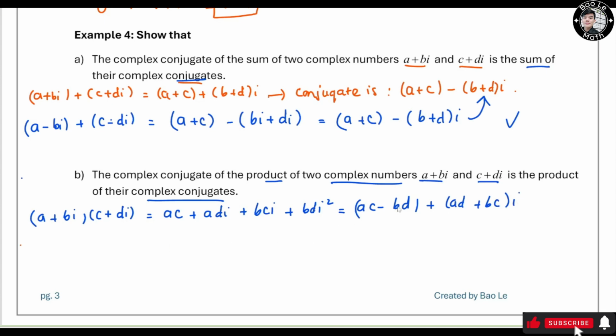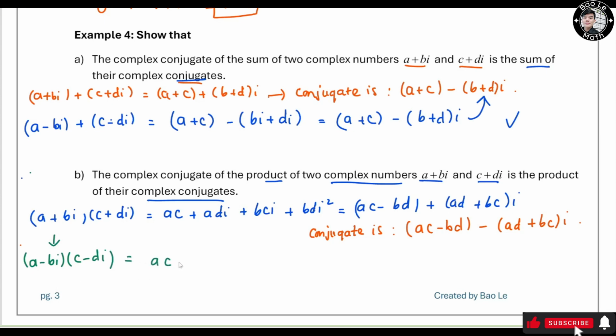right? Now we're going to take the conjugate of this one. It's going to be a minus bi times c minus di. We're going to multiply this one out, right? So it could be ac minus adi minus bci plus bdi squared, right?